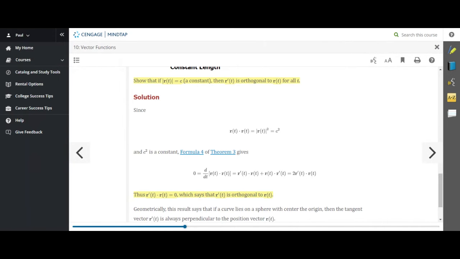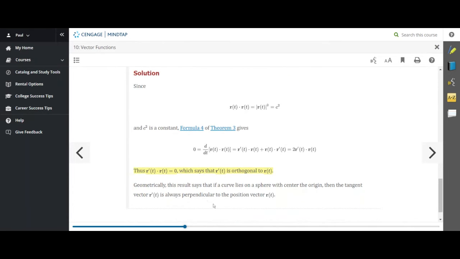I showed you this for a circle geometrically, but you could do this for a sphere as well. If you think of a sphere, draw the position vector from the origin to any point on the sphere. The tangent vector to that point on the sphere would be perpendicular to the position vector. Truly amazing.